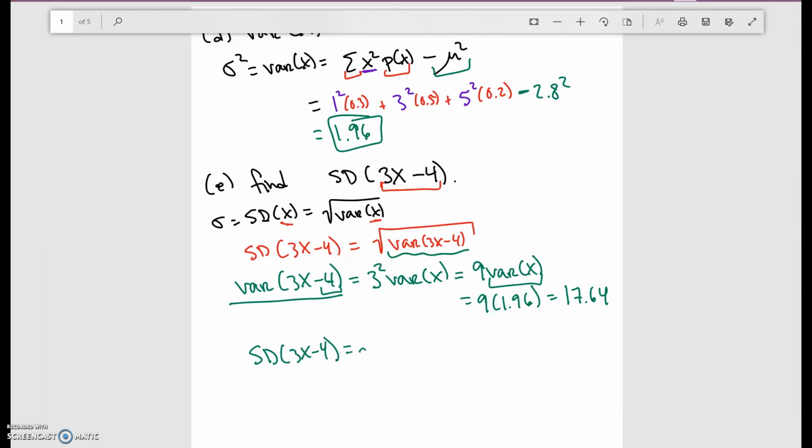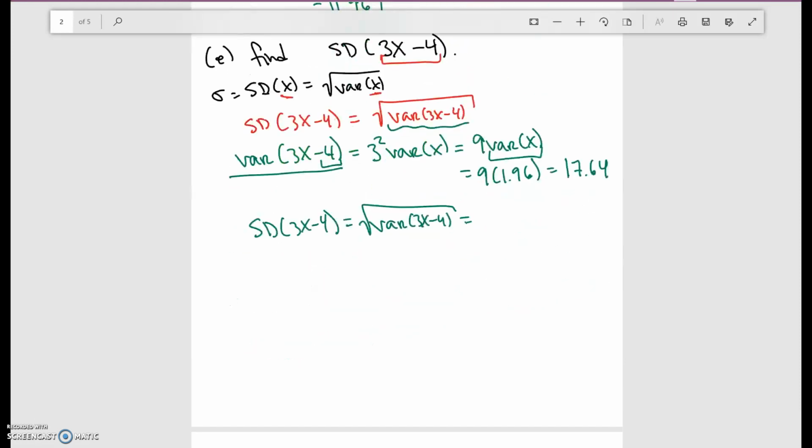Well, that's just the square root of the variance, which I just calculated, 17.64. So I take the square root of 17.64, and what I get is 4.2. So that is my standard deviation.